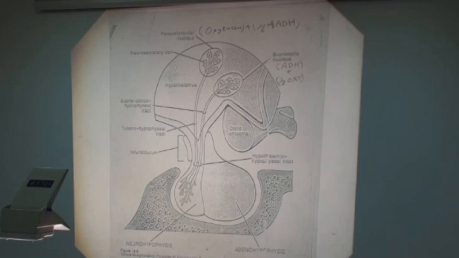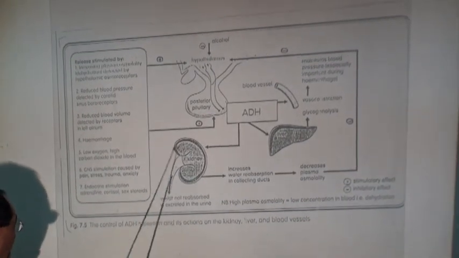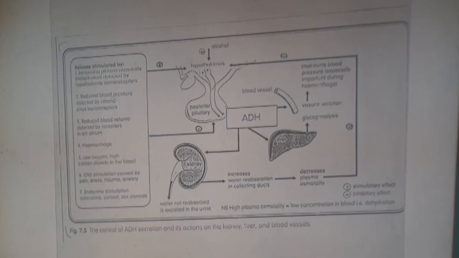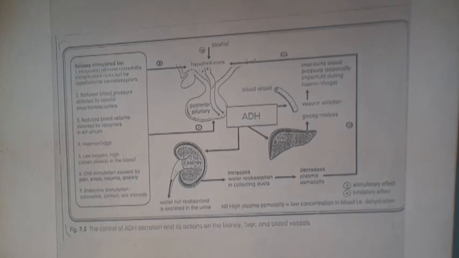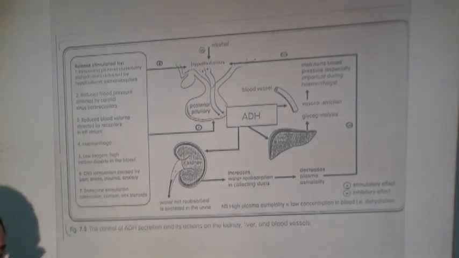So the posterior pituitary gland produces two hormones, oxytocin and antidiuretic hormone. Antidiuretic hormone has two main actions: on the kidney tubules, to increase the reabsorption of water back into the blood, and second, to vasoconstrict the blood vessels. But the receptors in these two cases are different, the receptors on the kidney tubules and the receptors on the blood vessels.